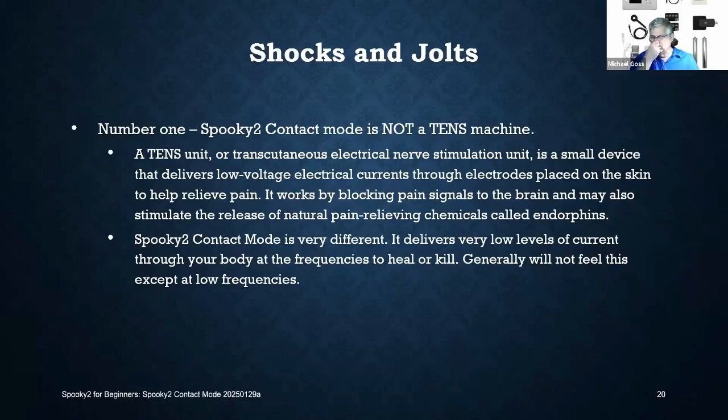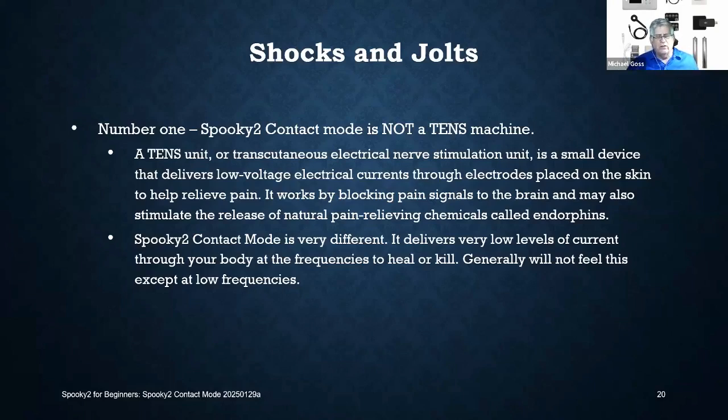So Spooky, number one, has a lot of frequencies, and obviously with the generators, it can go up to 20 megahertz. That's 20 million hertz for frequency, and I really don't want to explain what hertz are at the moment, but that's the frequencies it can go up to.